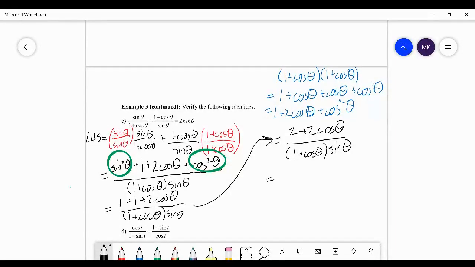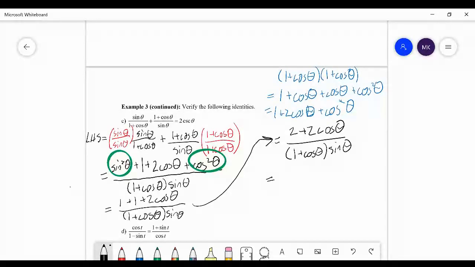So we got this one here when we multiplied the 1 plus cosine theta times 1 plus cosine theta, and we're getting this one here from the sine squared theta plus cosine squared theta using the Pythagorean identity. Now I have 2 plus 2 cosine theta. Both of those have a 2 in it, so I can pull that out.